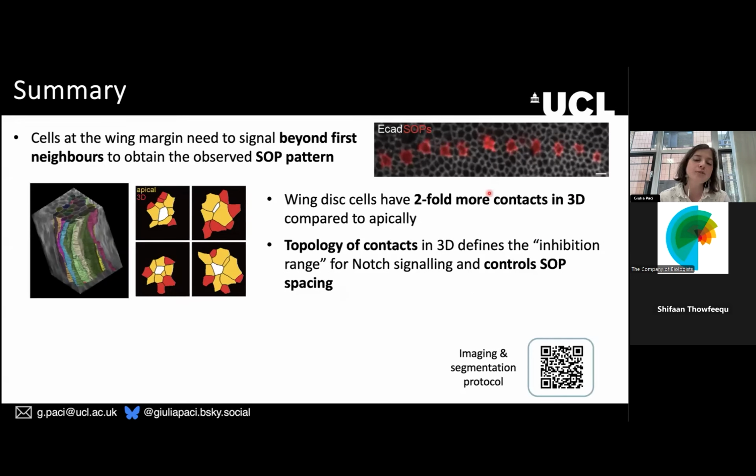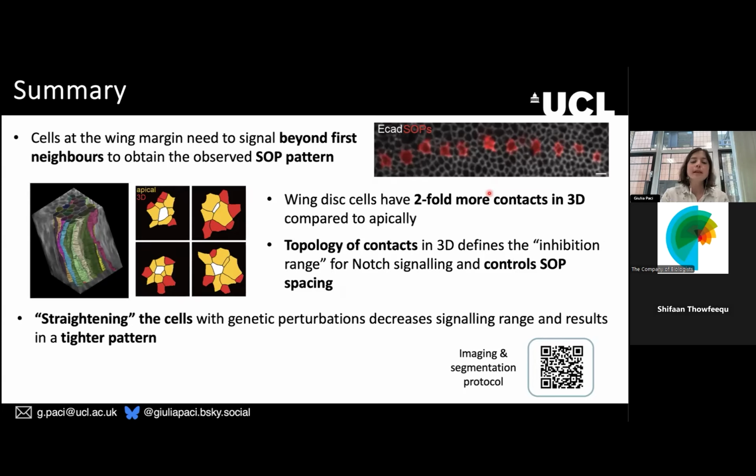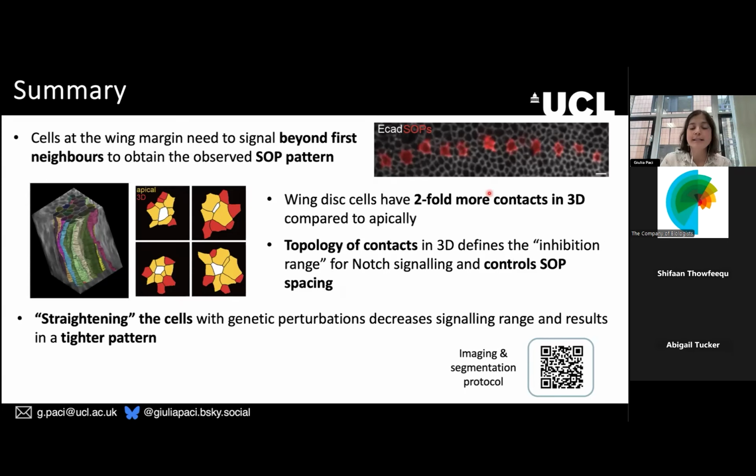So they contact twofold more unique new cells in 3D compared to just apically. The topology of these contacts is essential to set the inhibition range and control the spacing. And when we genetically straighten the cells, that decreases their range and results in a tighter pattern.